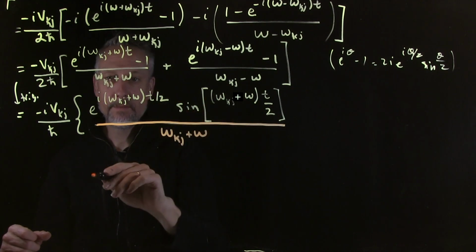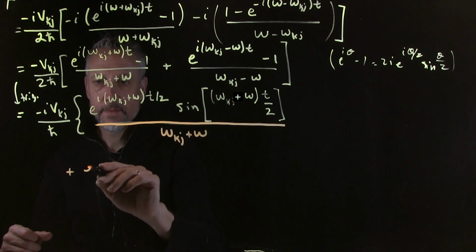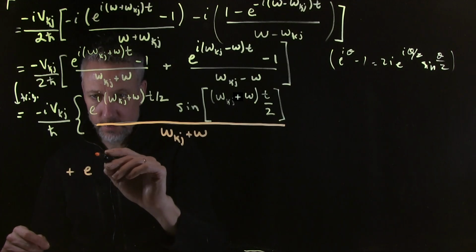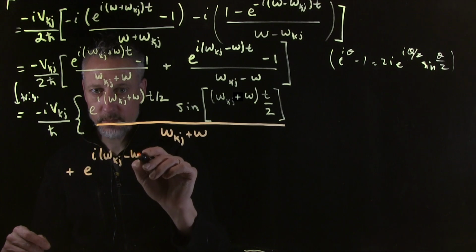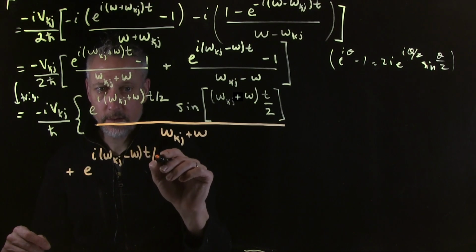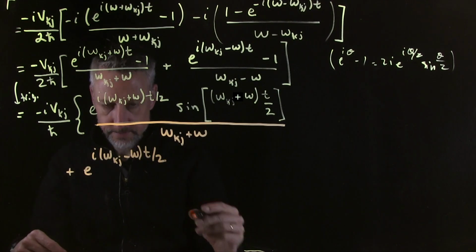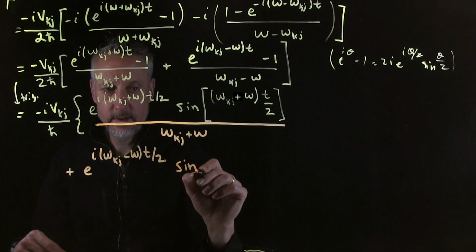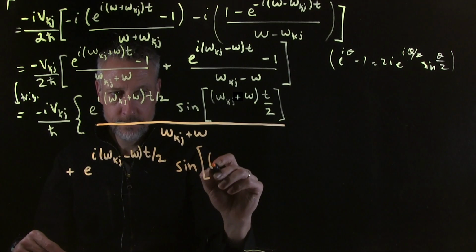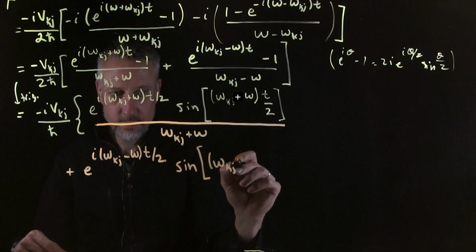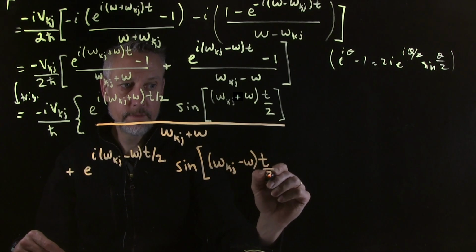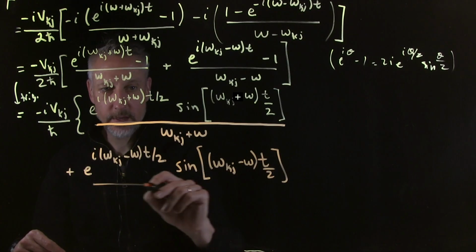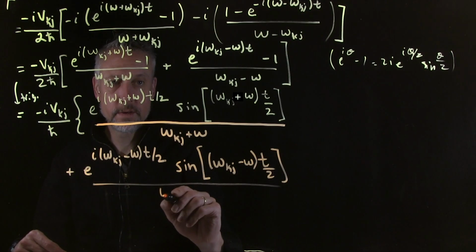That's term 1. Now term 2, e to the i (omega_kj minus omega) t over 2. Then we have our sine, (omega_kj minus omega) t over 2, and its denominator, so it doesn't change.